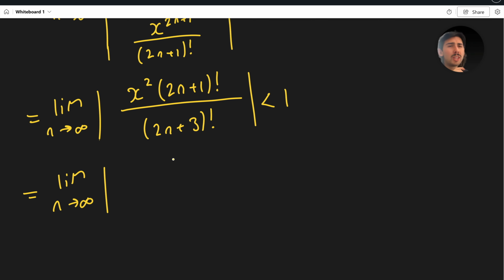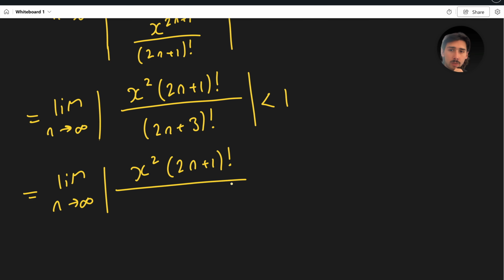Now, again, we can do the oldest trick in the book, which is to rewrite the factorial business as follows. Numerator stays the same. Denominator, I'm going to write this as 2n plus 3 times 2n plus 2 times 2n plus 1. I would keep going, but I'm just going to roll them all up by putting a factorial right there.